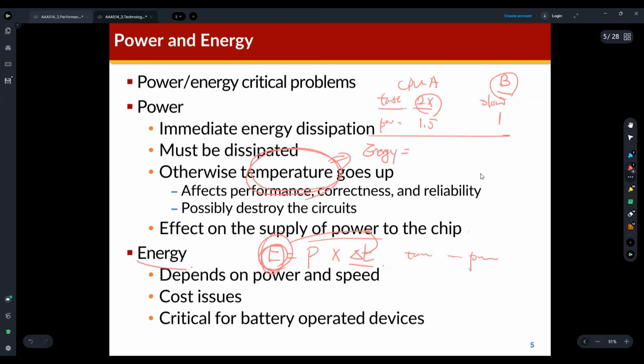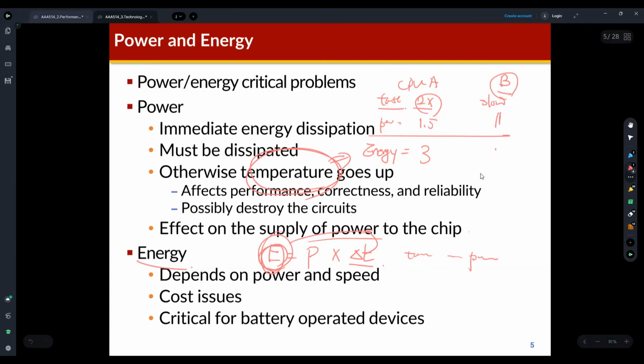Energy is the required power to execute some application, meaning the integrated power from the start to the end of execution. So if we calculate the energy of CPU A and CPU B, the power of CPU A is 1.5, and the power of CPU B is 1.